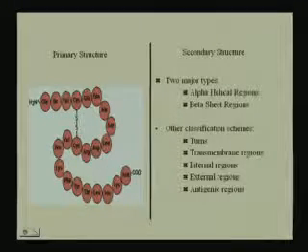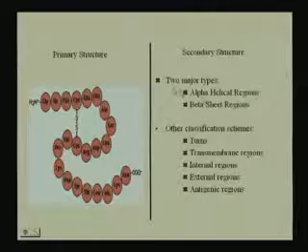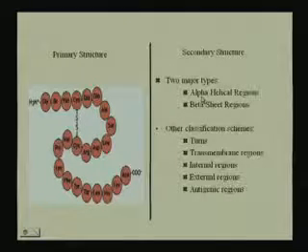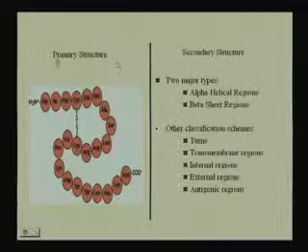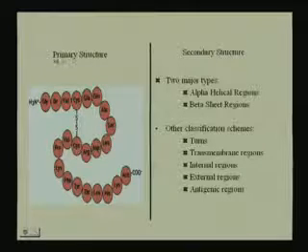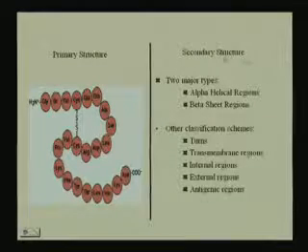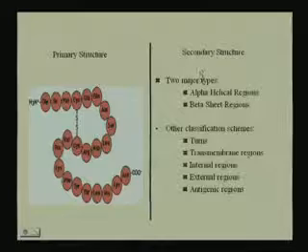There are other classification schemes which we need not go into right now, but we have to remember that apart from the primary structure, all the other structures we're going to talk about do not have any covalent linkage. So we see an alpha helix or something that looks like an alpha helix, but there is no covalent linkage between the polypeptide chain in forming the alpha helix, which is extremely important.